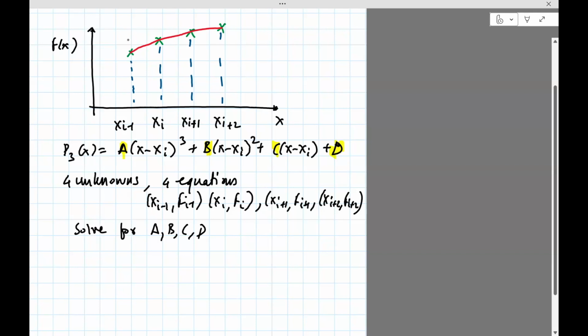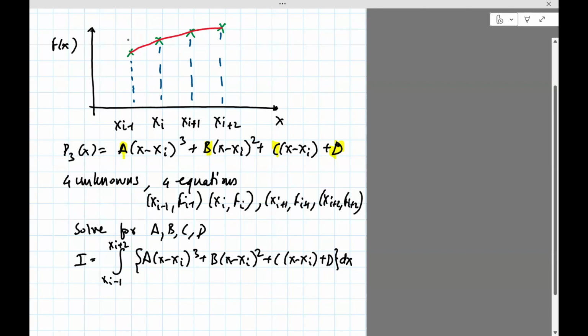I'm just not going to write it down. Then take the integral from xi minus 1 all the way to xi plus 2 of a(x minus xi) cubed plus b(x minus xi) squared plus c(x minus xi) plus d dx.